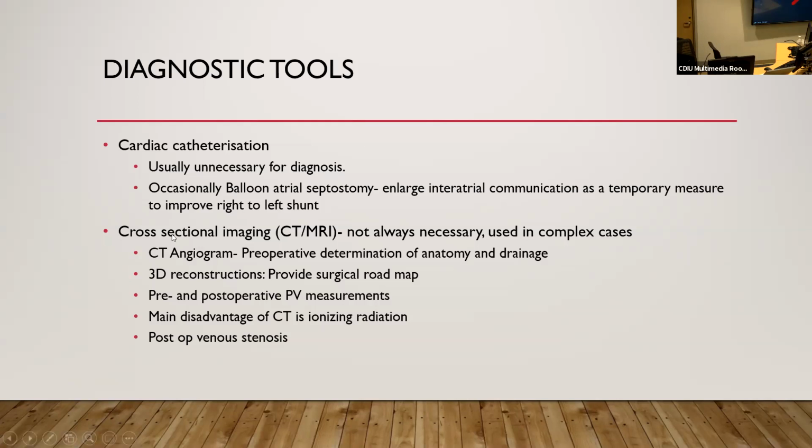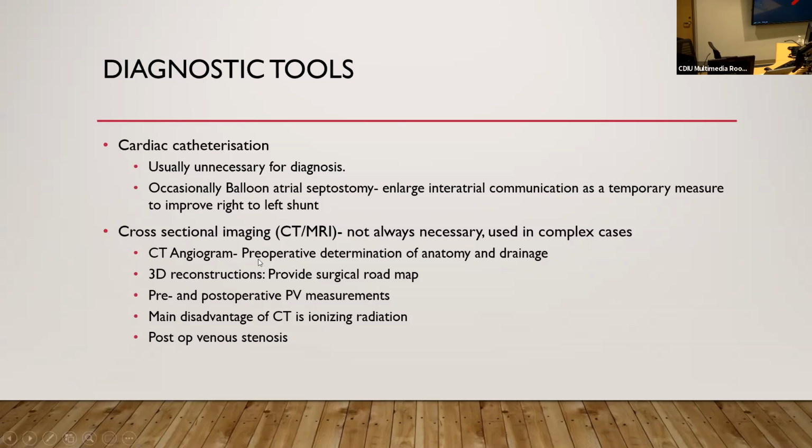And then with regard to cross-sectional imaging, CT has the disadvantage of ionizing radiation and MRI does not, so obviously it depends on your center. With us, we do quite a bit of CT angiogram for cardiac cases. So it's not always necessary, but in complex cases, you may want to do a cardiac CT.